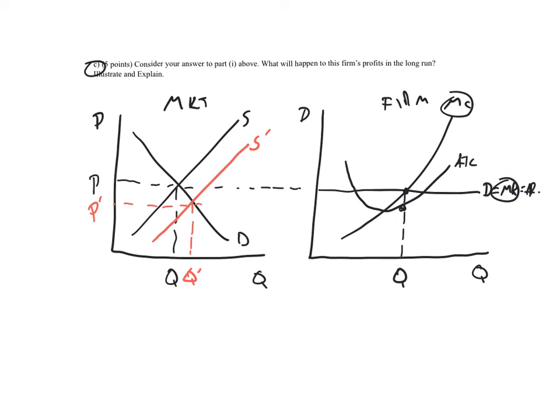We're going to have a new price. The firms are price takers, they have to accept the price that's established in the market. So a new demand equals marginal revenue equals average revenue curve, and a new equilibrium quantity for the firm. And then in the long run, we've got no long run profits.